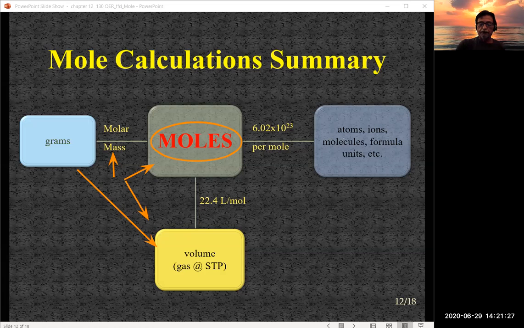If I need to figure out how many atoms, I need the molar mass to give me moles, and then I need Avogadro's number to get me to atoms. Now I can go from atoms to volume, but to do that, I need to go through moles. So I can go in any direction here, from grams to atoms, from grams to volume, back and forth, but I've got to go through moles.